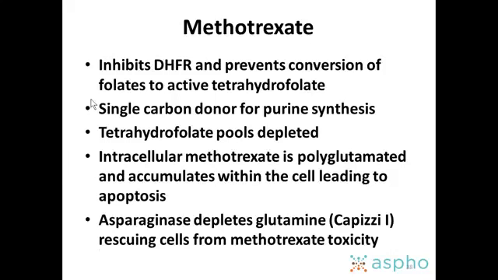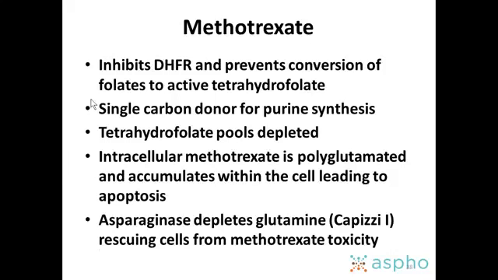In addition, there is another mechanism: within the cell, methotrexate is polyglutamated. This accumulates within the cell and has no way of exiting outside the cell, and therefore that leads to apoptosis of the cell. The polyglutamated compound can also continue to inhibit DHFR, furthering the toxicity.